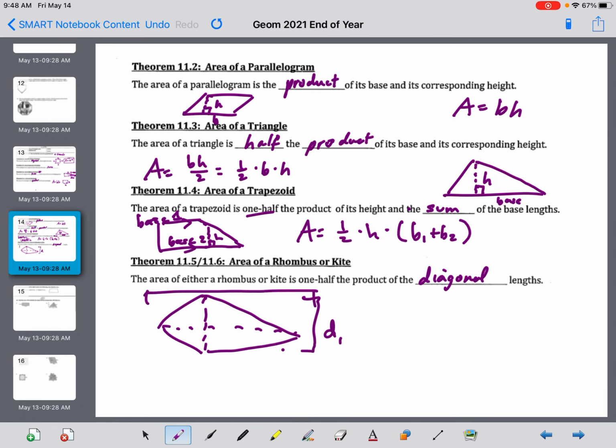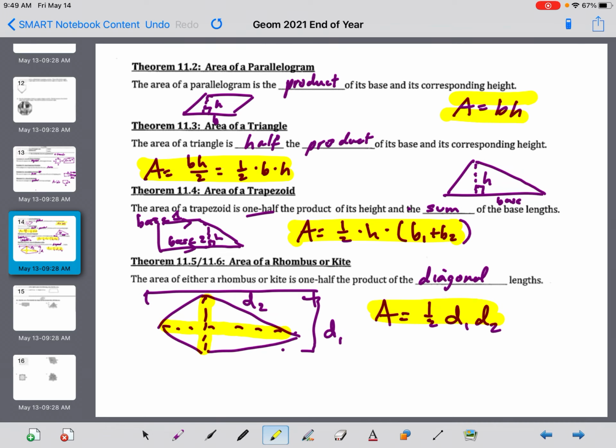This distance from here to here is diagonal 2, so it's 1/2 d1, d2. The diagonals are this length and this length. Works for rhombuses and for kites. So here's a formula. Here's the area of a triangle, area of a parallelogram, area of a rhombus or kite.